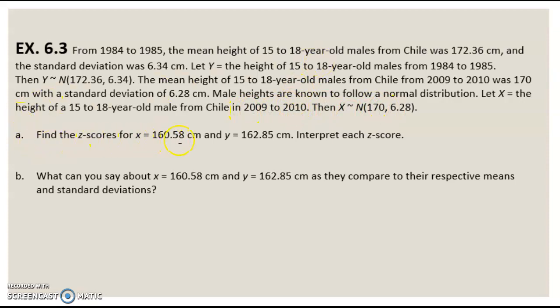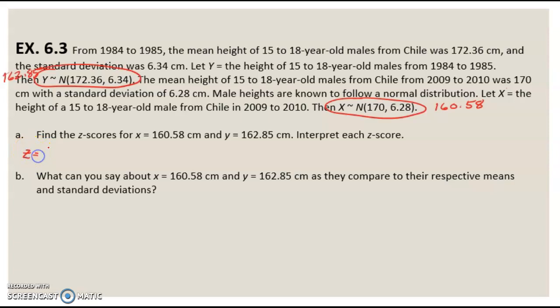Find the z-scores for x equals 160.58, in which case you would be doing this value, and y equals 162.85. You'll be using this one for 162.85. Okay, so we'll do the x first, I guess.